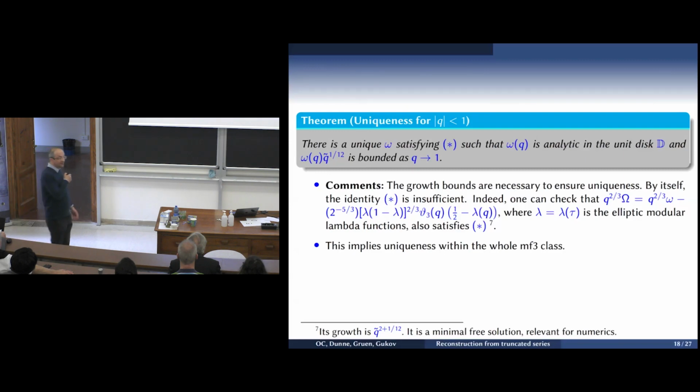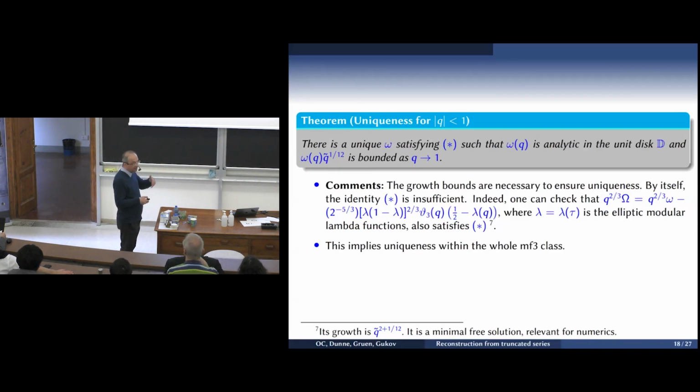You have potential freedom, and you see it already in the Watson paper. There is a flurry of other functions that are mock thetas, and they are related by identities to f and omega. All of those would fail the growth condition.